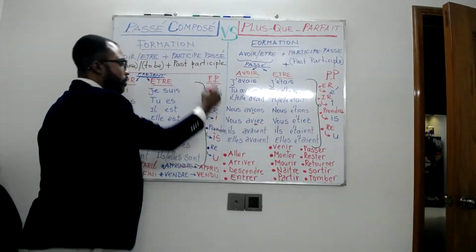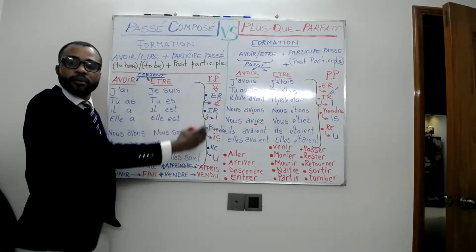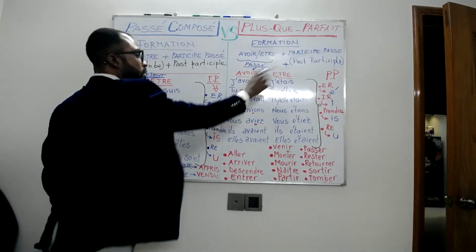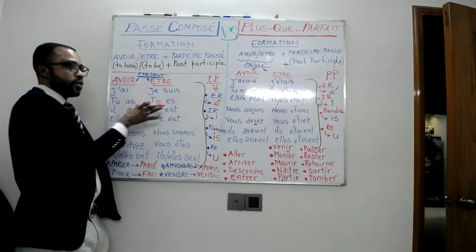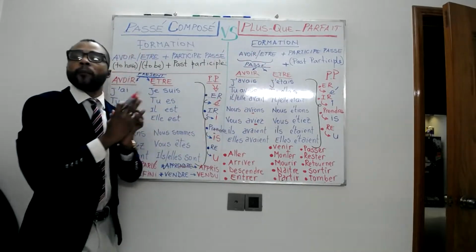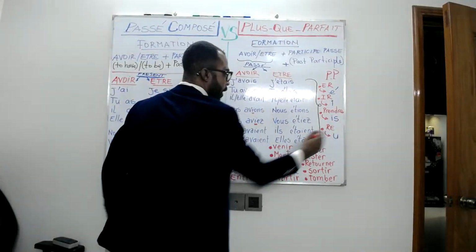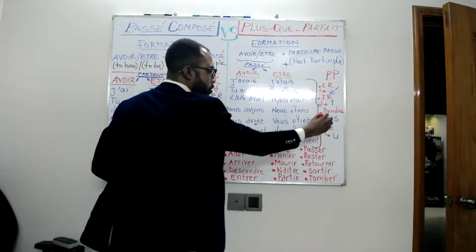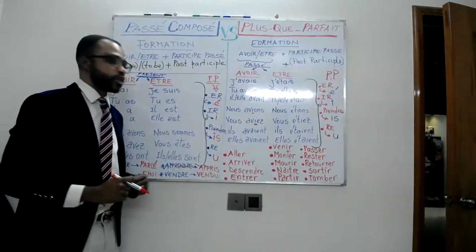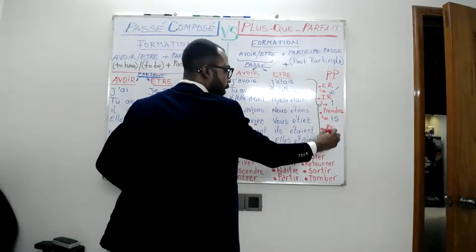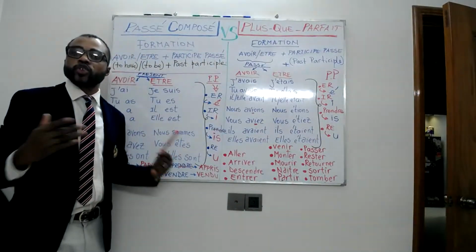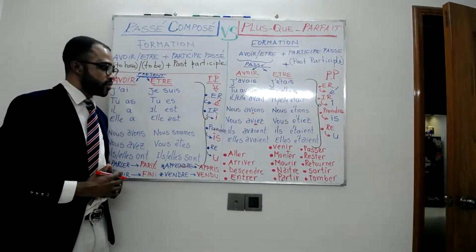Same pattern as here. All right. The difference is the tense: for the present here, but on this side we use the past. That's the difference. So for RE, we remove the RE as long as there is no prendre in the composition, and change it into U. That's the difference. All right.